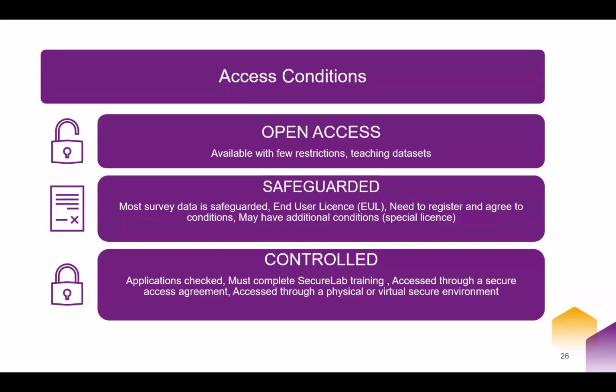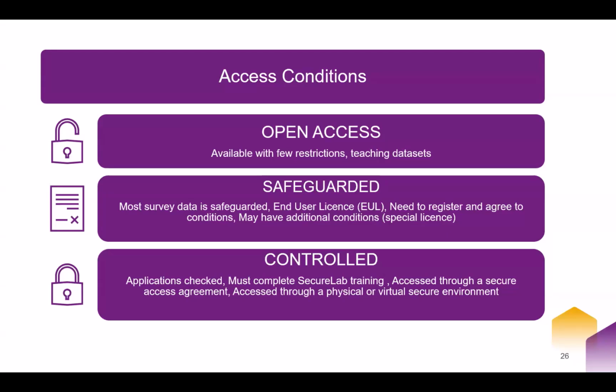The next level up we call our safeguarded data. The majority of our data is what we call safeguarded, and that means that it's available under our end user license. This means that you need to register with the UK Data Service to download it and agree to the access conditions.